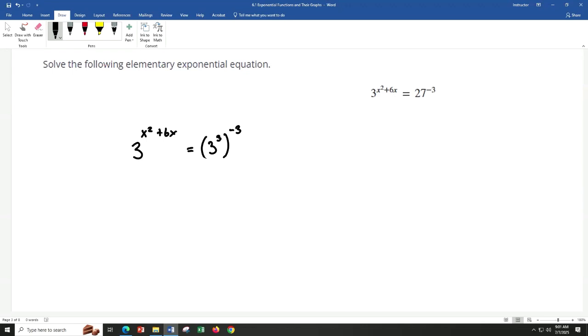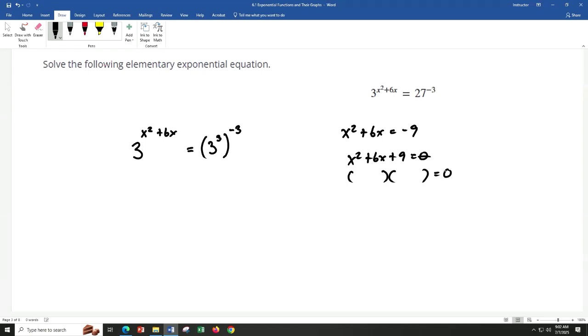So notice all I do here is go x squared plus 6x is equal to -9. Well, you're dealing with a quadratic, so you're going to make it equal to 0. X squared plus 6x plus 9 all equal to 0.